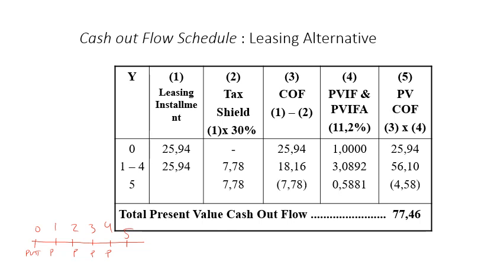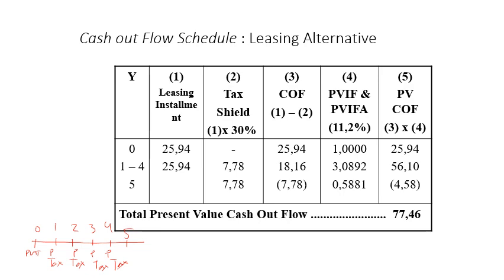The measurement of the tax shield is always put at the end of the year. So that's why there is the tax shield over here. Why is this taxed? Because the lease company will receive money, right? So when they receive money, they need to pay the tax. So that tax for them is the tax shield for the company.